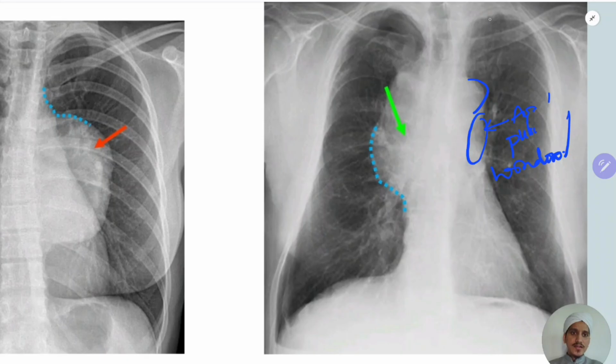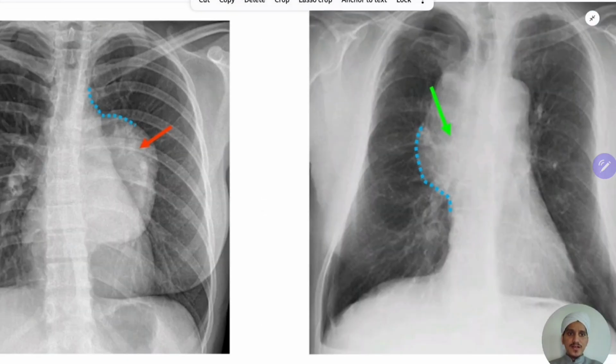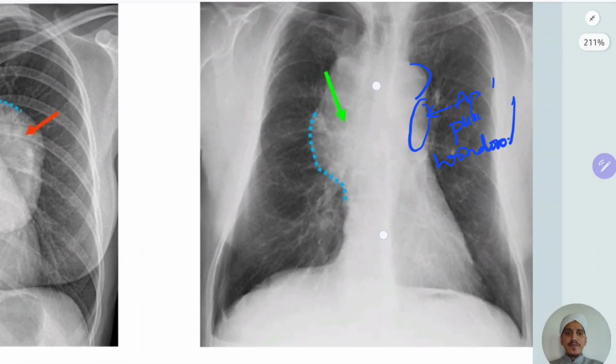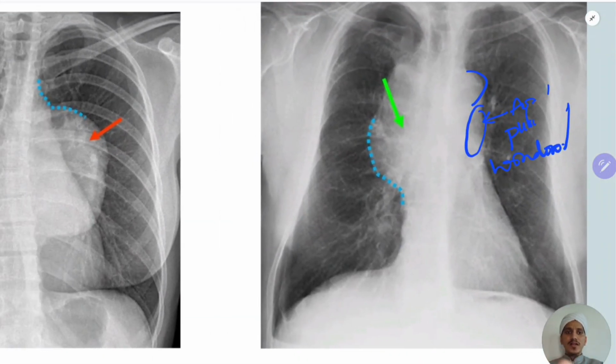And the left mediastinal stripe, you can see here, the width of the left mediastinal stripe is also increased. So these are all the findings of this chest X-ray. It is a middle mediastinal mass because the hilar silhouette sign is present.